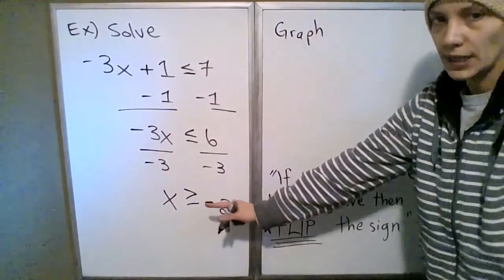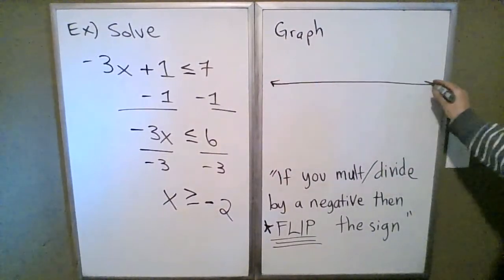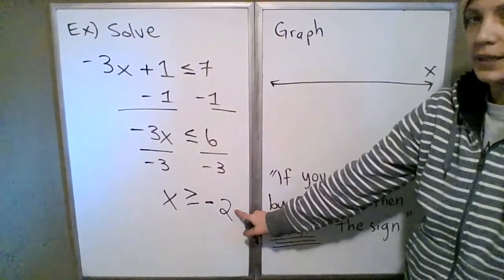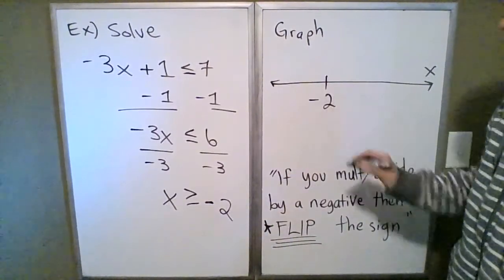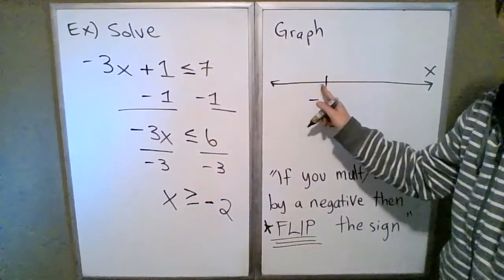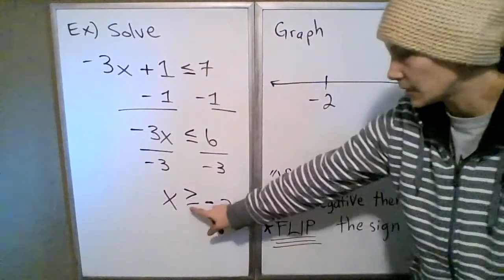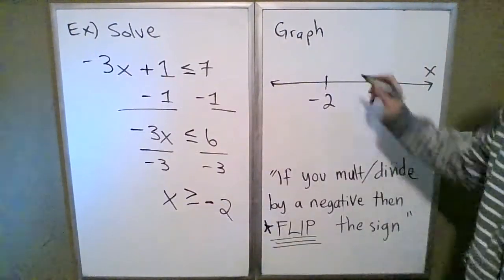Only one variable, x. So we just do one number line for the variable. We want to label -2. And we're going to either shade below -2 or above -2. Back to this inequality sign, you are going to include that number. Solid circle.